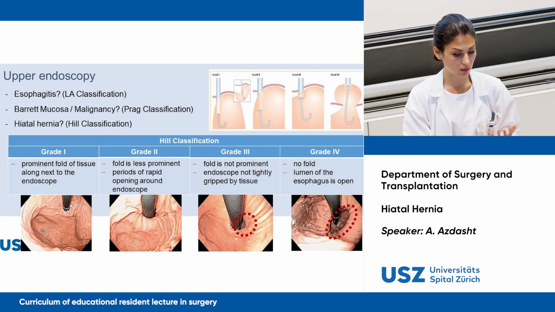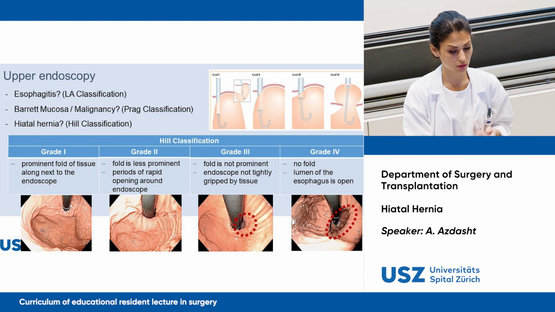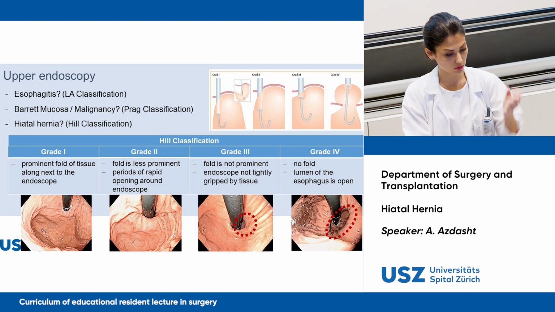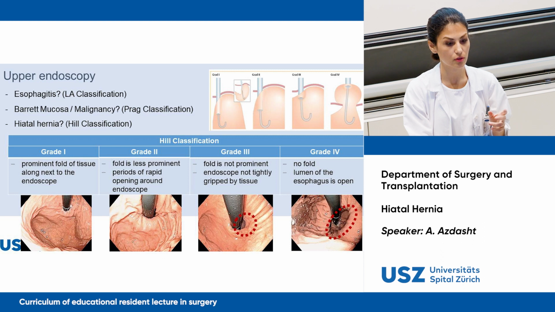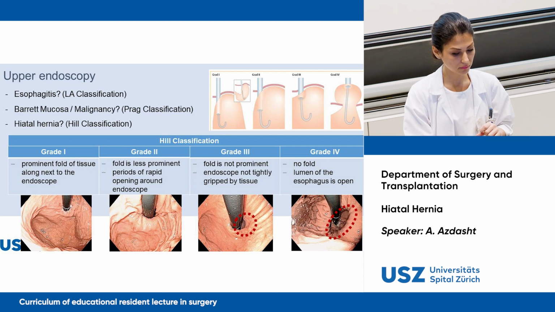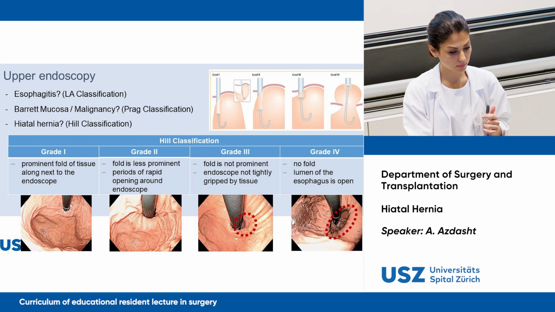And in order to see whether we have a higher prevalence of a hiatal hernia, we also do an endoscopy with an inversion of the endoscope, so we can take a look at the mucosal fold that is built by the gastroesophageal valve. Grade 1 and 2 are interpreted as physiological.